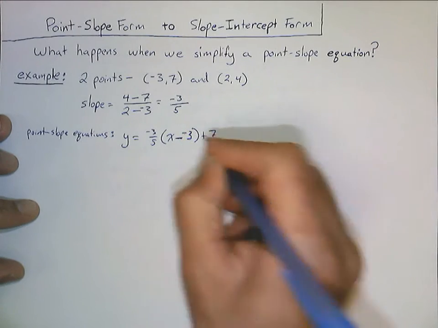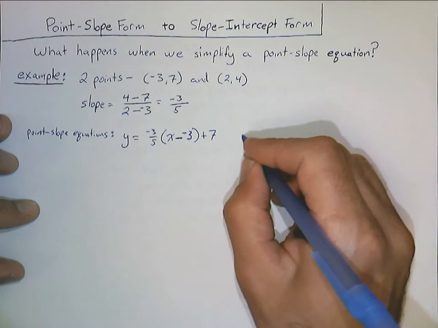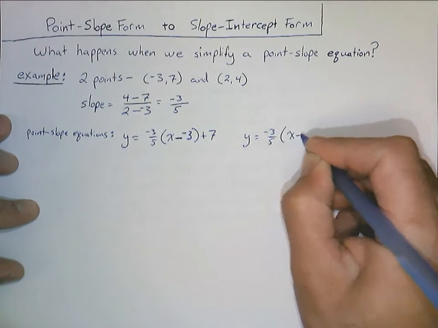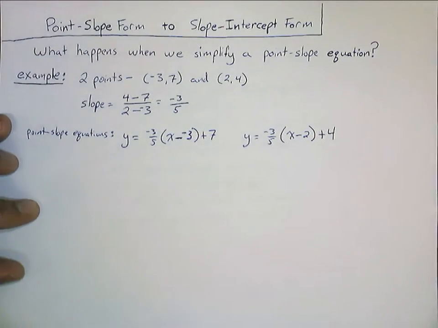And then, of course, we can use the second point. y is equal to -3/5 times x minus the x-coordinate plus the y-coordinate. And there are our 2 point-slope equations.